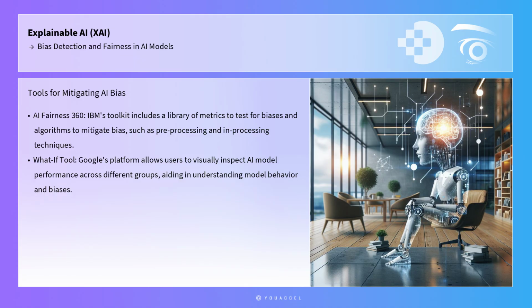For instance, it offers pre-processing techniques like reweighting and resampling to adjust the training data, in-processing techniques such as adversarial debiasing, and post-processing techniques like equalized odds post-processing. On the other hand, Google's What If tool allows users to visually inspect AI model performance across different groups, facilitating a better understanding of model behavior and potential biases. These tools are invaluable for practitioners aiming to ensure fairness in AI systems.